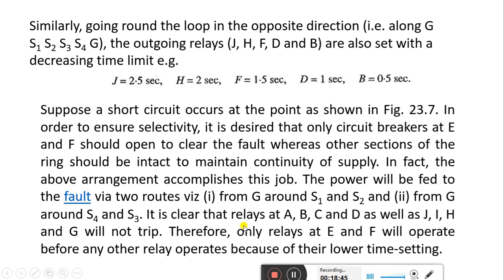Now it is clear that relays at A, B, C and D as well as relays at J, I, H and G will not trip. Therefore, only relays at E and F will operate before any other relay operates because of their lower time setting.